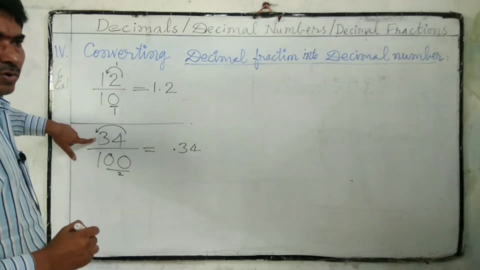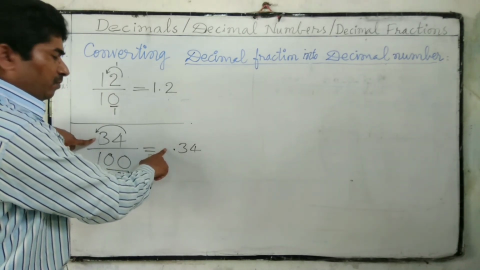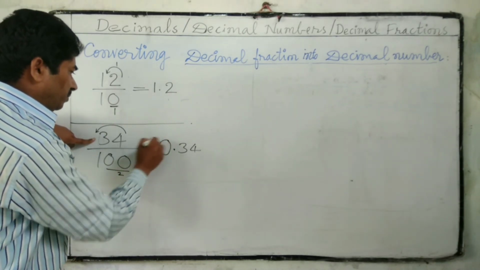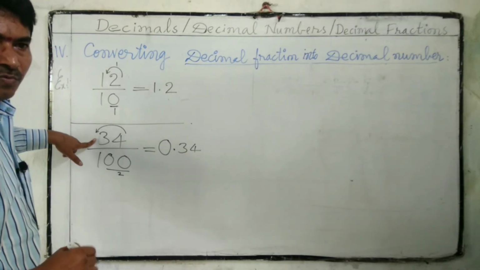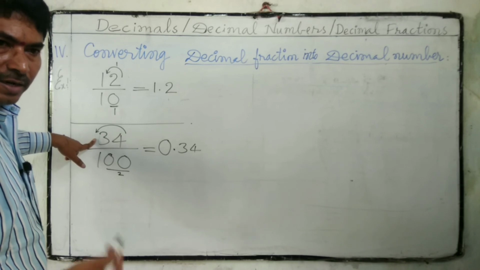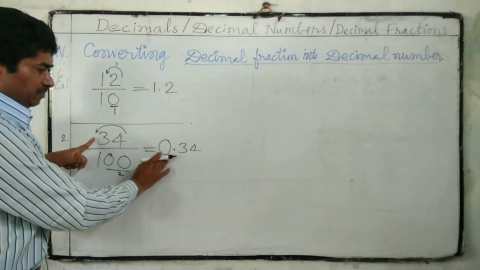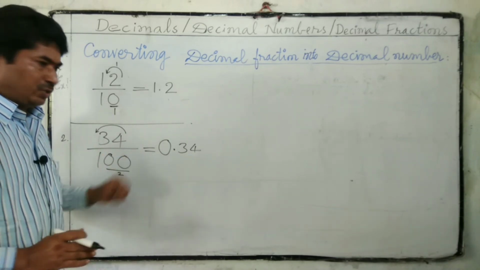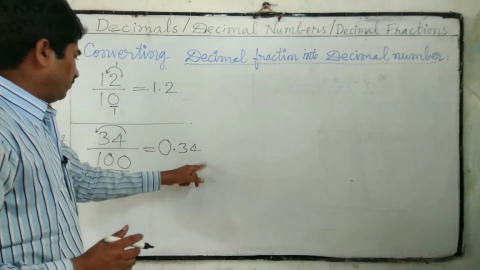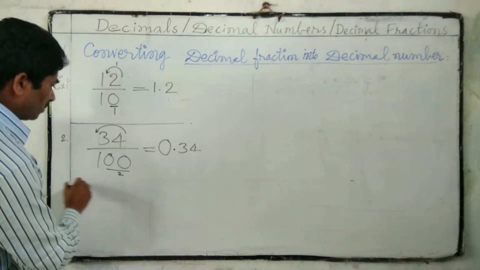If there is no digit in whole number part, we have to keep 0. Without keeping also it is correct, but to give prominence to this place, we keep 0. 34 by 100 is equal to 0.34.